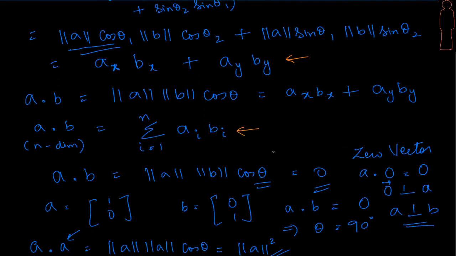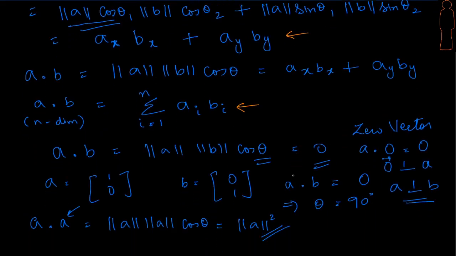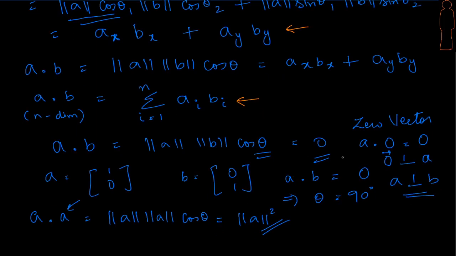We talked about specific interesting angles, like when it is 90 degrees the dot product goes to 0, and when the angle is 0, we are also able to find the square of the magnitude from the dot product. So that's one more interesting feature that we looked at.